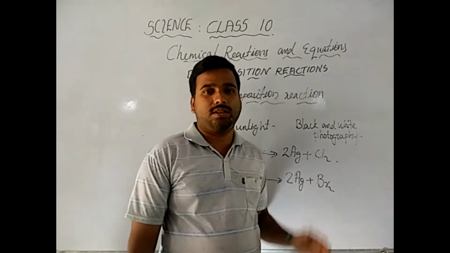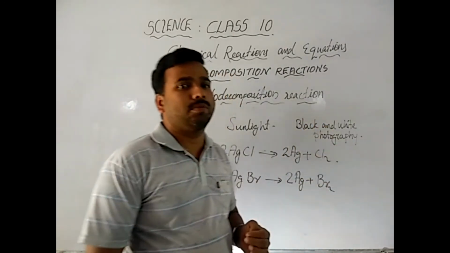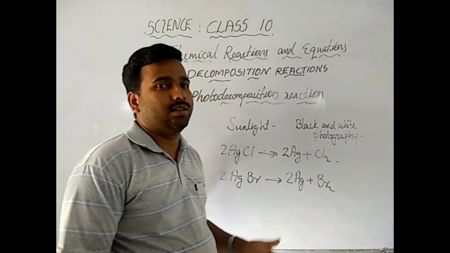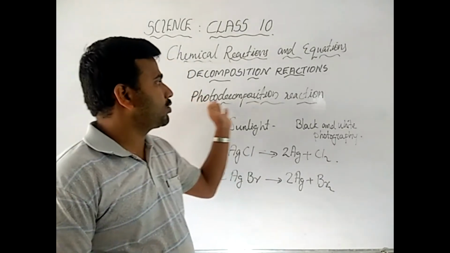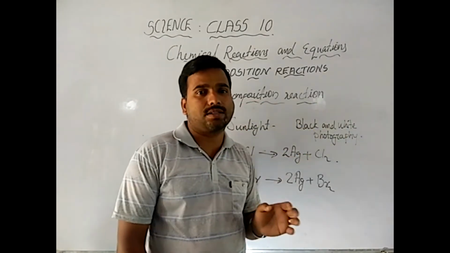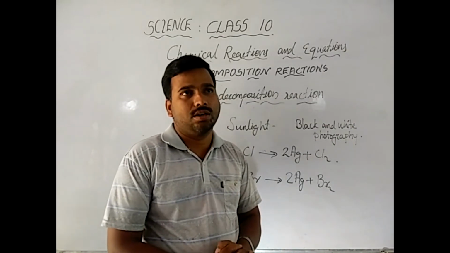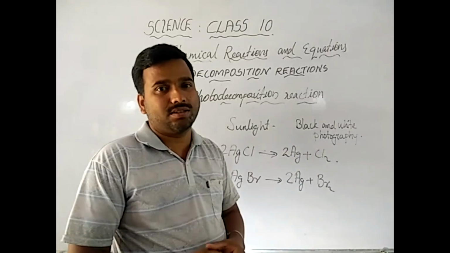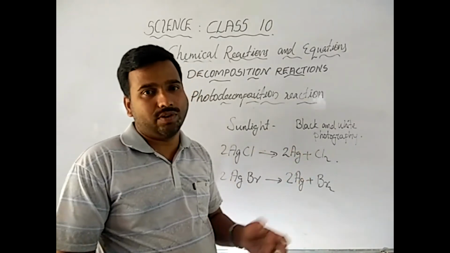Hello dear students, in this video we are going to discuss the third category of decomposition reaction, that is known as photo decomposition reaction. Photo means light, like photosynthesis, which we already discussed.